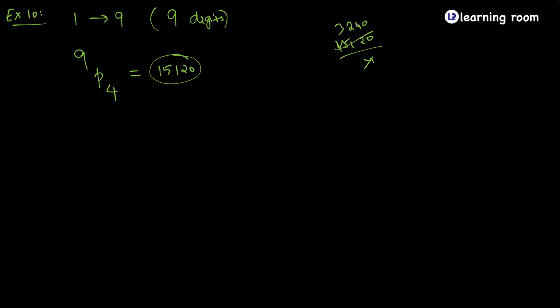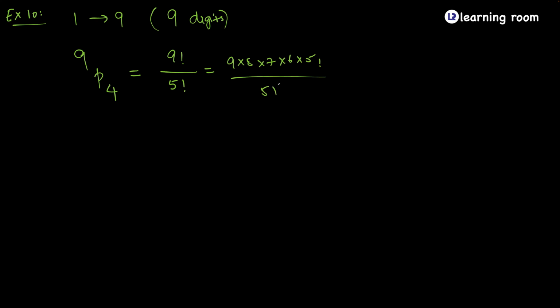I think there is a mistake. Let's do correction here. So 9P4 is going to be 9 factorial by 5 factorial. It is 9 into 8 into 7 into 6 into 5 factorial divided by 5 factorial. This will get cancelled. So basically it came out to be how much? 15120.